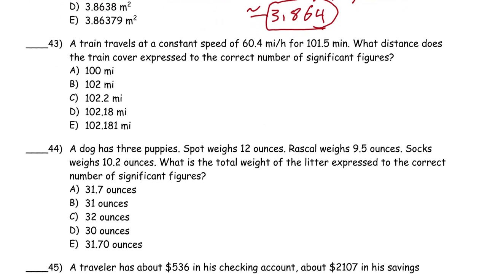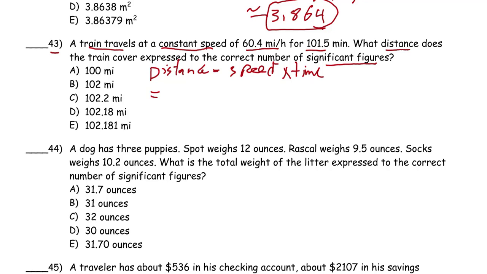Let's go to 43. A train travels at constant speed 60.4 miles per hour for 101.5 minutes. What distance does the train cover expressed in the correct number of significant figures? You know well that distance equals speed times time.